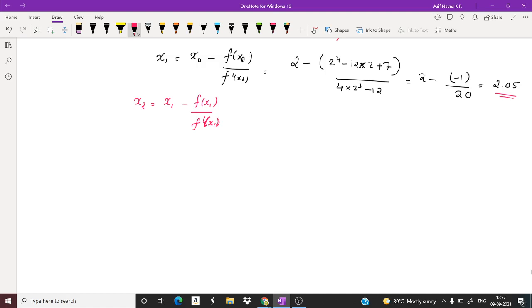You just put x naught as answer, press equal to, then you can easily find this. x1 is 2.05 minus f of 2.05 divided by f dash of 2.05. So tell me what is the answer?